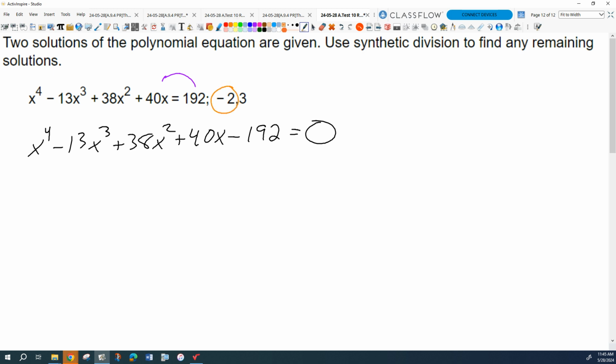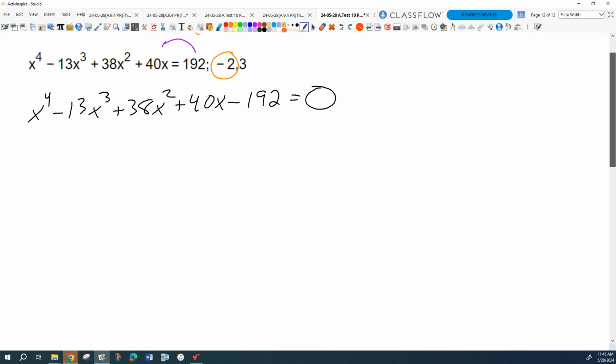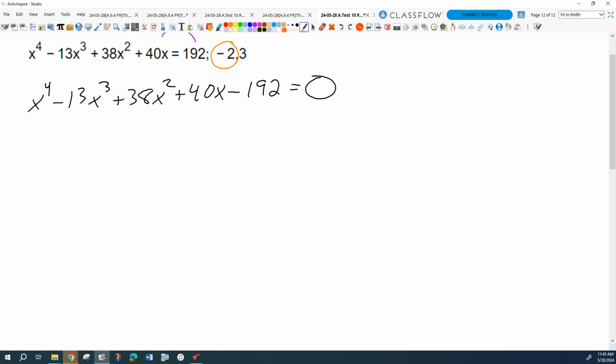Let's take this one first. They tell us that negative 2 is a 0, right? So I could use synthetic division to make this thing smaller. If I divide by the factor x plus 2, I will make my polynomial a little bit smaller, right? Let's do that. Okay, so we can use our synthetic bracket.